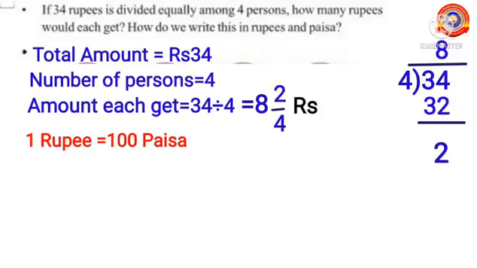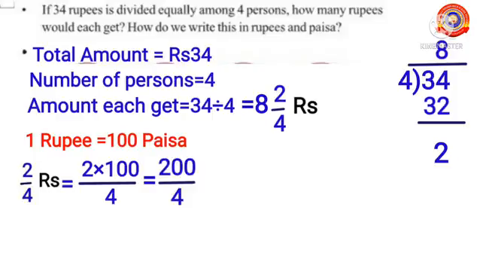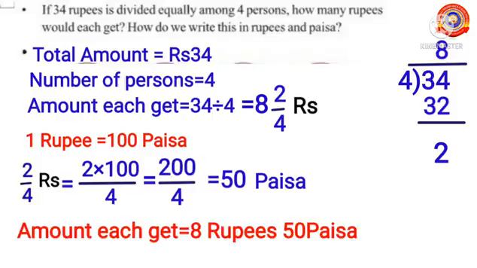To convert 2 by 4 rupees into paisa, multiply 2 by 4 with 100. 2 into 100 by 4 equals 200 by 4, which is equal to 50. 2 by 4 rupees equals 50 paisa. Amount each gets equals 8 rupees and 50 paisa.